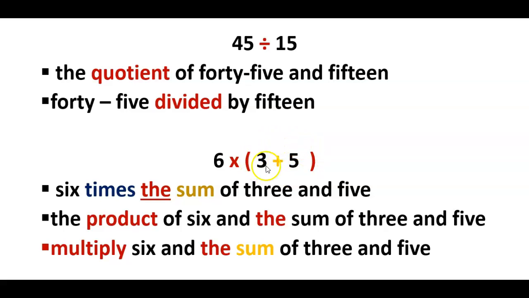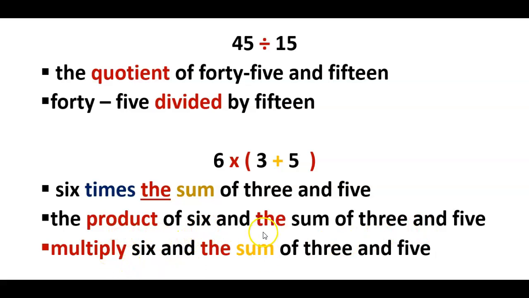So if you're going to translate this, we are going to use the article the, which means to say we are going to multiply 6 by the sum of whatever number is inside the parentheses, by the sum of 3 and 5. Okay? We can also have the product of 6 and the sum of 3 and 5, which means to say, what are we going to multiply?